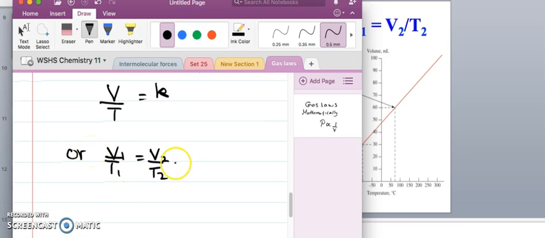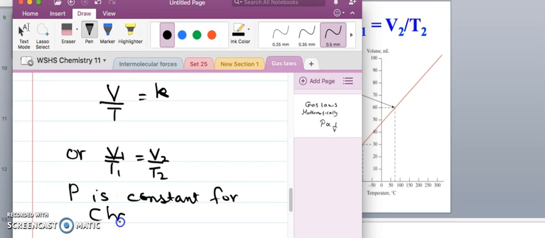Now, remember, pressure is constant for Charles' law. Now, if you're wondering how this is any useful, we will get to problems where you'll learn how useful this can be. Are you ever going to use it in real life? Probably not.